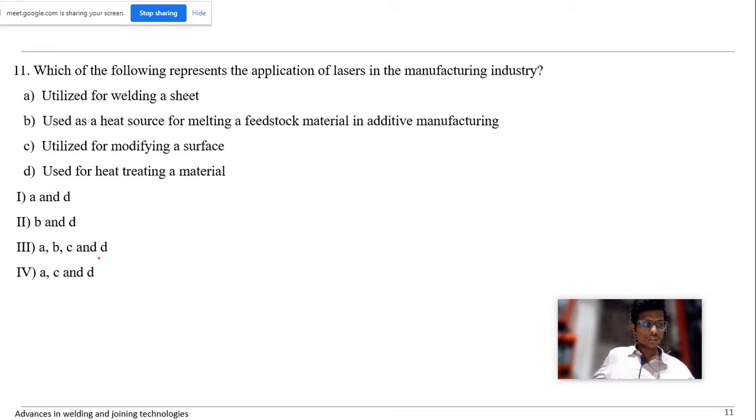So all of A, B, C, D is the correct answer. If time permits, I will give brief insights so that you can get motivated and proceed if you have interest, because it is a very booming area in India. Many IITs are also working on metal additive manufacturing and polymer based additive manufacturing.